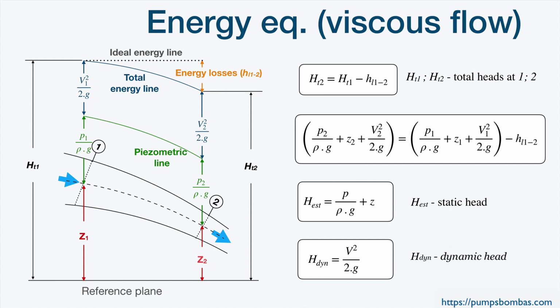In the next lesson, we will add another term to the energy equation, because we have considered that there is no energy exchange with the system. No energy is added to the system, no energy is taken from the system. Mainly due to energy added by pumps, we will consider this new term in the equation, and we will be closer to reality.